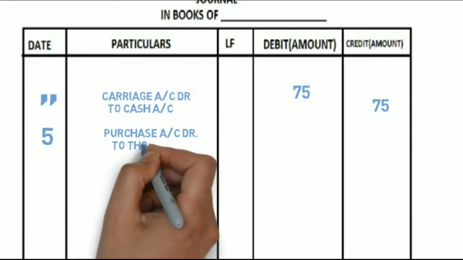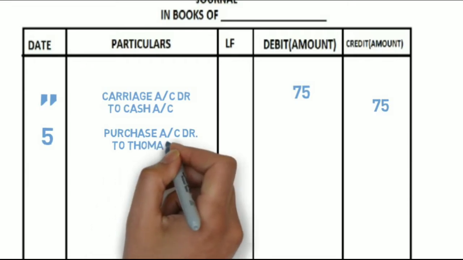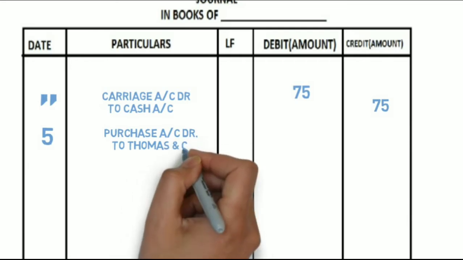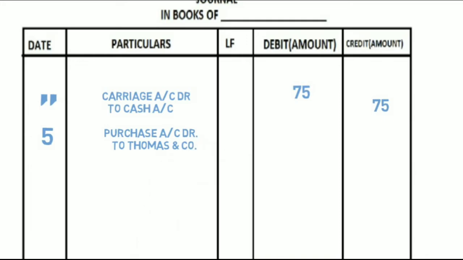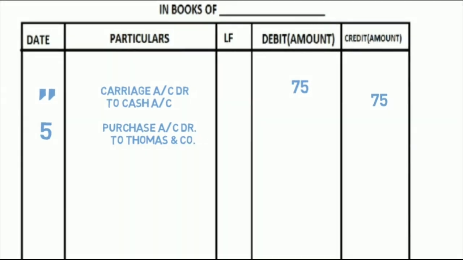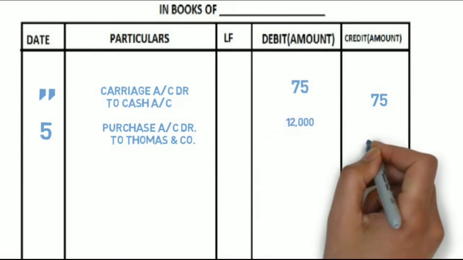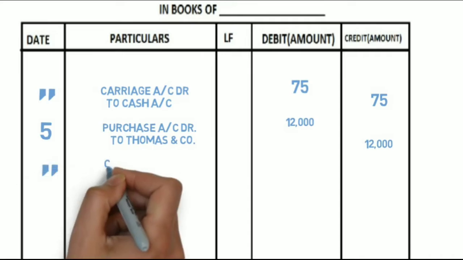Okay, so we have bought goods from Thomas and Co. and the word cash is not mentioned, so we have to assume that it is a credit transaction. So the accounts reflected are goods and Thomas and Co. So our goods have been increased and our creditor has been increased. So journal entry will be goods account debit to Thomas and Co. 12,000.